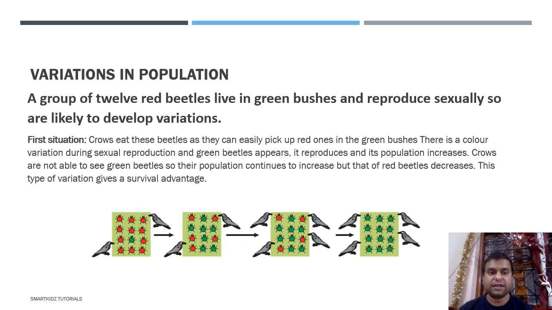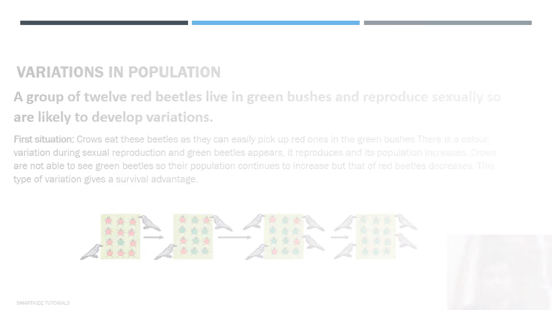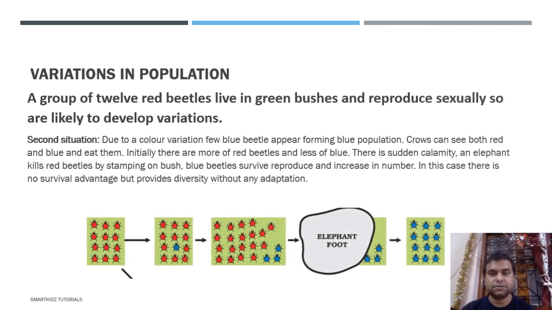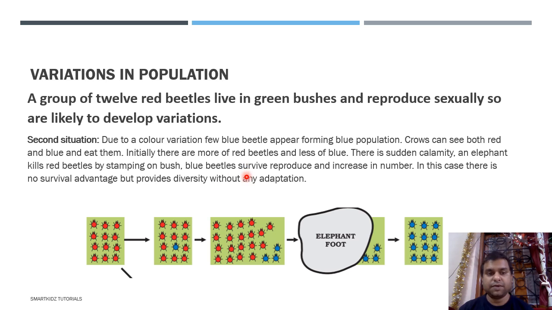Let's take another, second situation. So same thing, once again we have 12 red beetles living in the green bush, and again because of sexual reproduction, this time we consider that it gives rise to a blue beetle rather than a green beetle. Now, in this case, even the blue beetles can be seen by the crows.